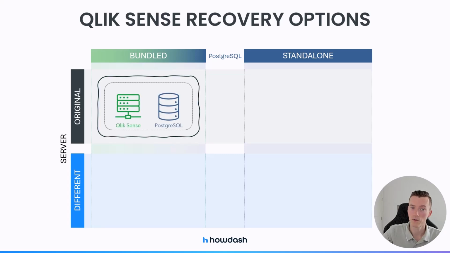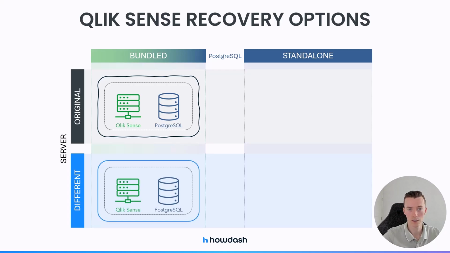So, if you're recovering your Qlik Sense server that had a bundled installation of PostgreSQL on your original server, think like rolling back an upgrade, you would follow one set of recovery steps. But if you're recovering a Qlik Sense server with a bundled installation of PostgreSQL on a different machine, then you would follow a slightly different set of steps.